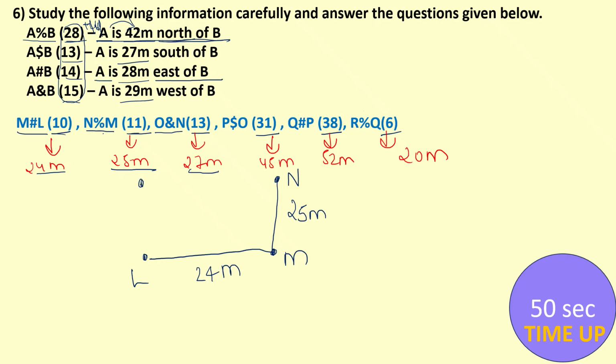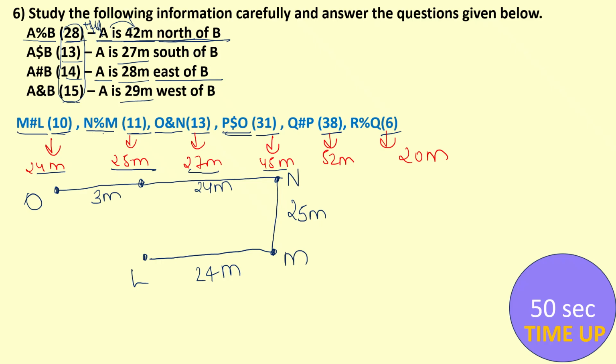So if this is 24 meter, then 3 meter more you will require to reach Q. Next, P $ O, which is 45 meter.